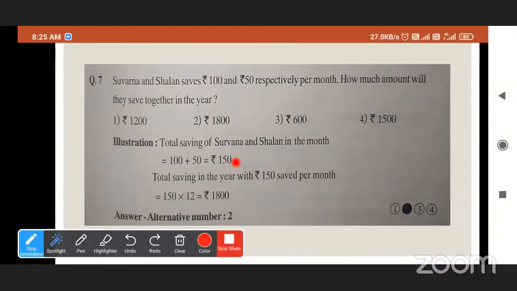Why do we multiply the total saving of the month by 12? Because we have to find the total saving of the year, and in a year there are 12 months. So the total saving is 1800 rupees.